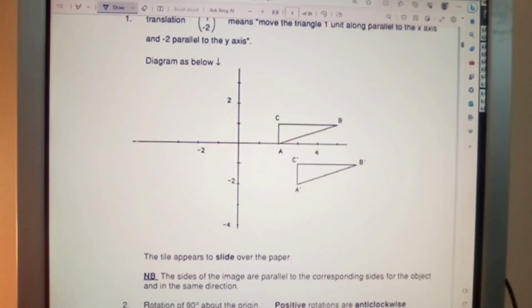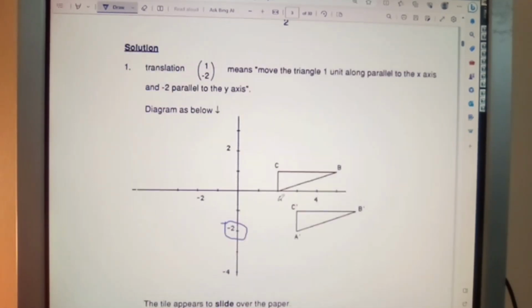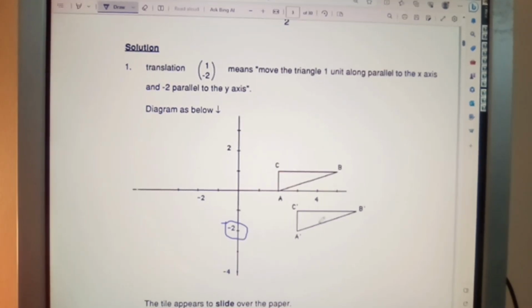So here we have -2, and here we have our shape.